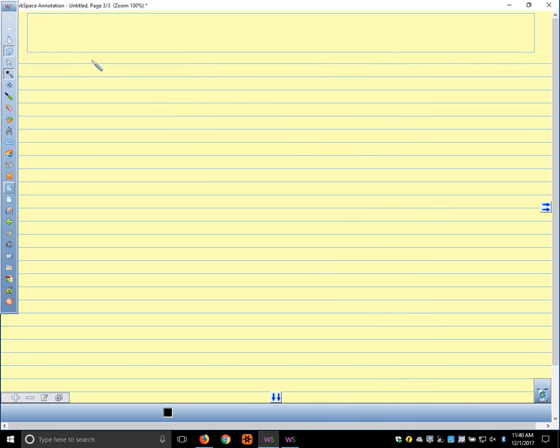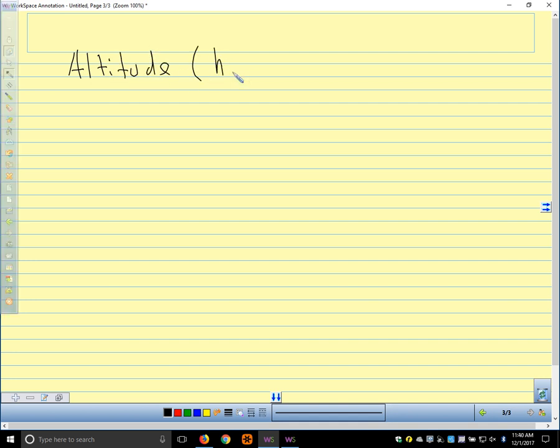All right, next idea is an altitude. And we've talked about this a little bit before. We usually call the altitude the height of the triangle. Technically, the altitude is the segment, the height is the length of the segment.